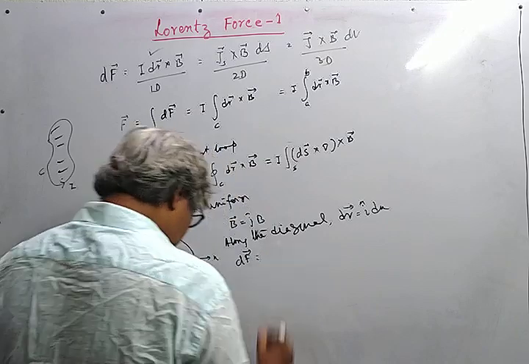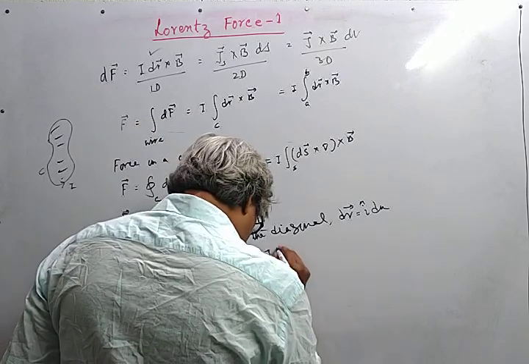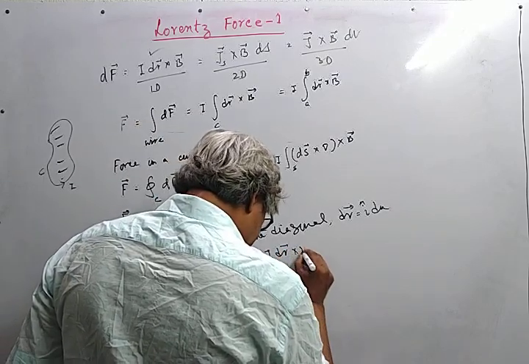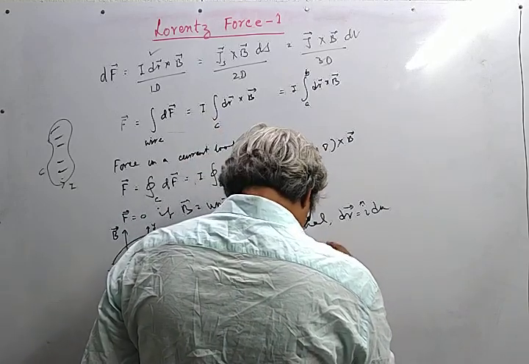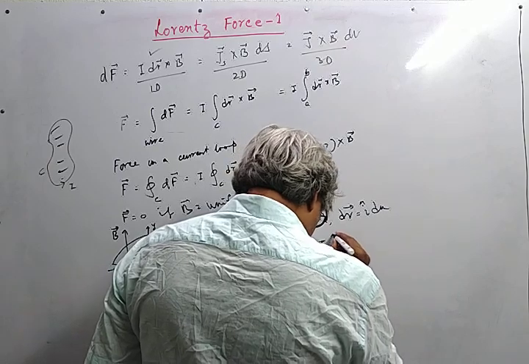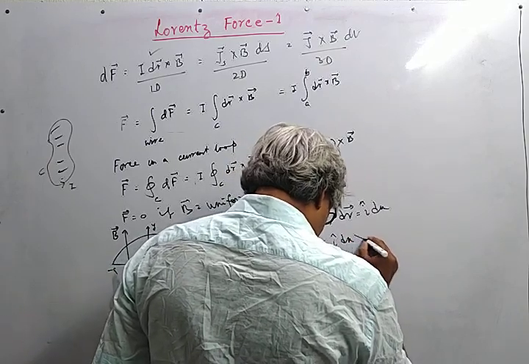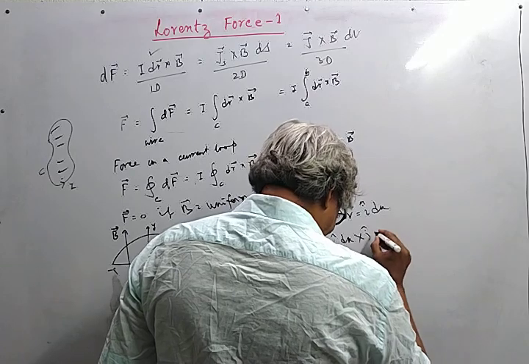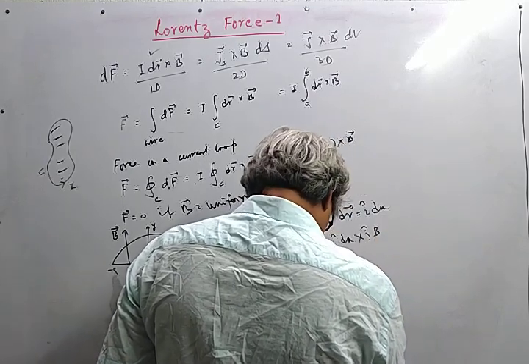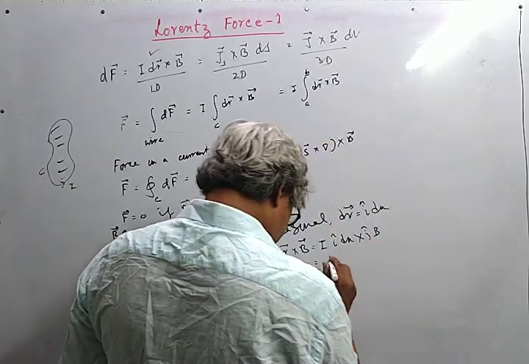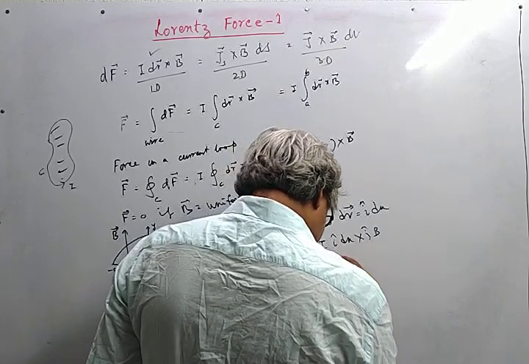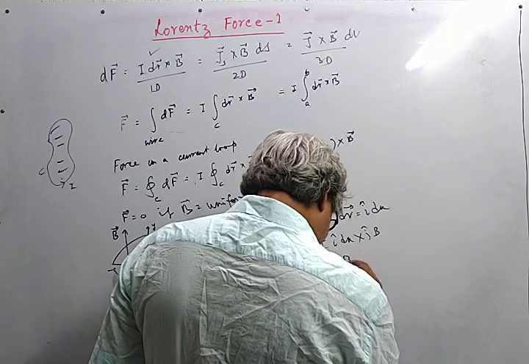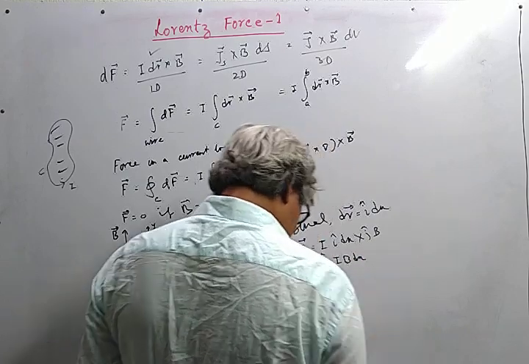So dF is equal to I dr cross B, so I i cap dx cross B j cap. The vector direction is along k cap, and this is I B dx.